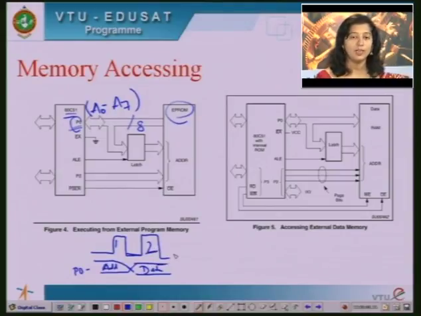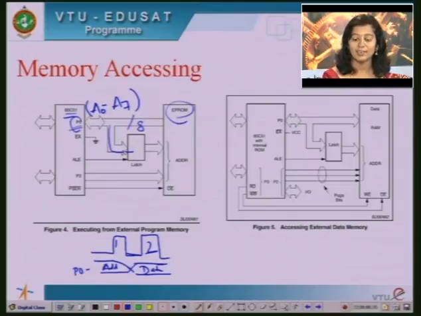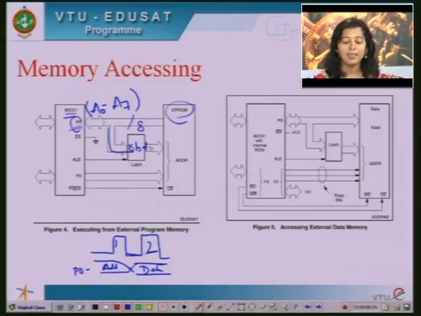So then what happens to the address? That address should be available even during the second clock cycle. If I overwrite it with data, then the address will be lost. So what do we do? Whenever address is available on this, that address will be stored on latches. We all know latches are storage devices. I will use an 8-bit latch here to store the 8-bit lower byte of the address, and from here the lower byte of the address A0 to A7 is continuously available.